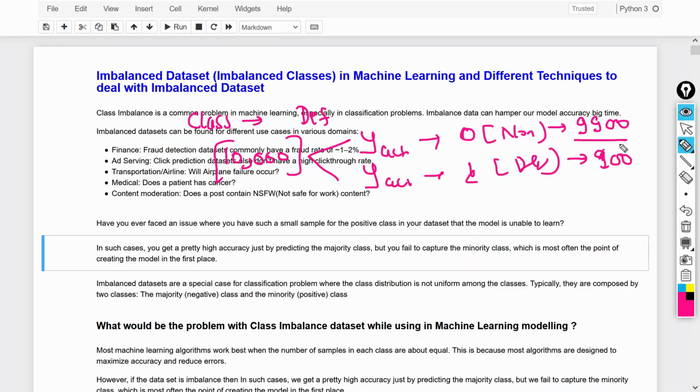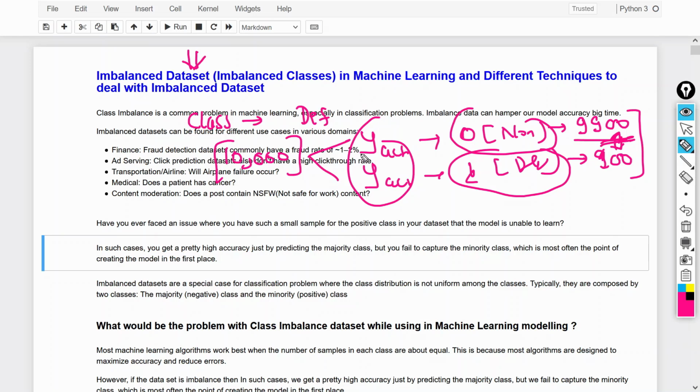So if you see this type of distribution between the classes, both classes are not balanced. This type of distribution between the classes in the output variable is called an imbalanced data set, where the classes are imbalanced.